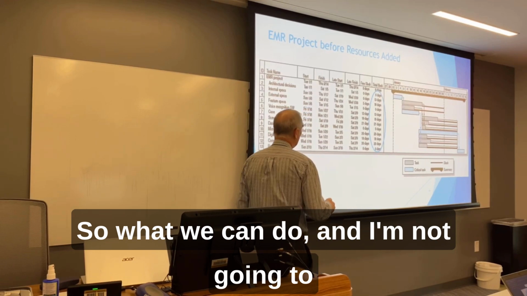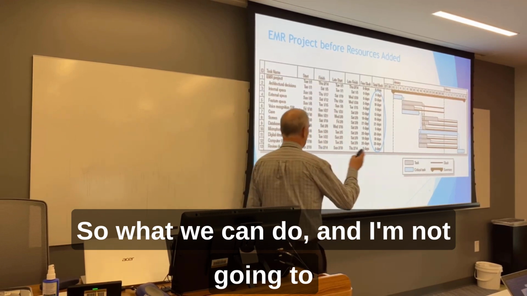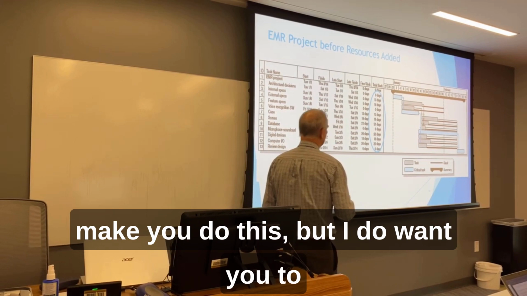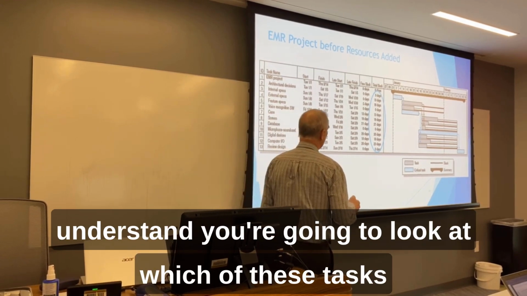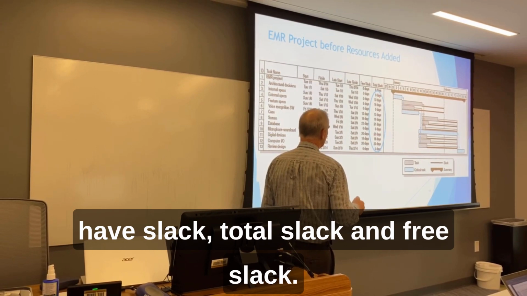So what we can do, and I'm not going to make you do this, but I do want you to understand, you're going to look at which of these tasks have slack, total slack, and free slack.